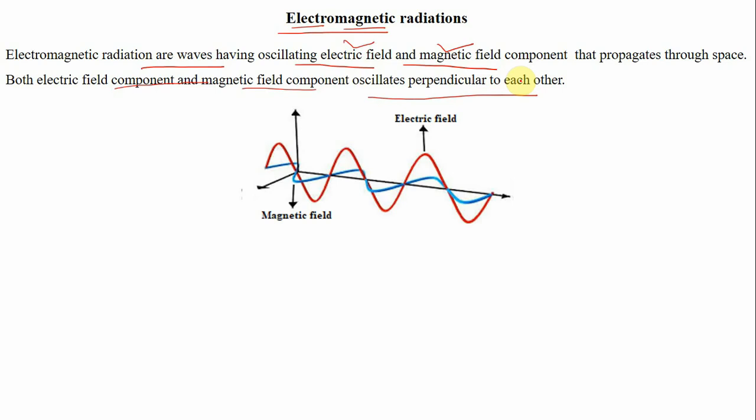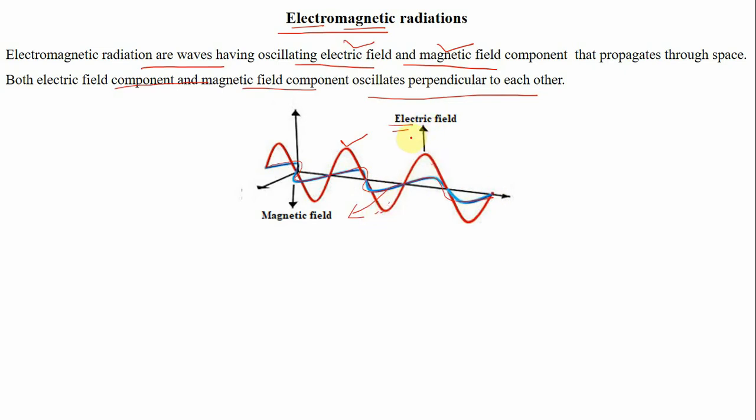In the form of a diagram like this, you can see in red color, this is the electric field component, and in blue color, this is the magnetic field. It has both an electric field component, which is moving as a wave up and down, and similarly a magnetic field component, which is also moving as a wave, but both are perpendicular to each other.